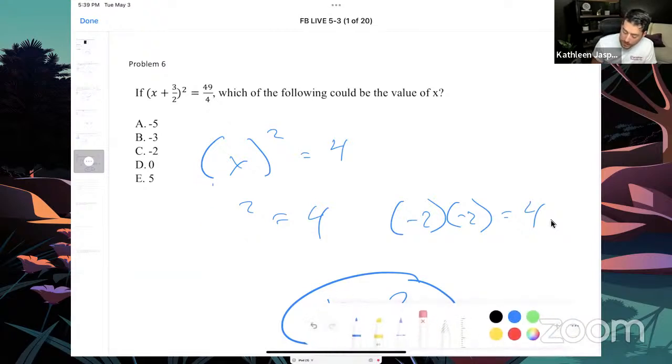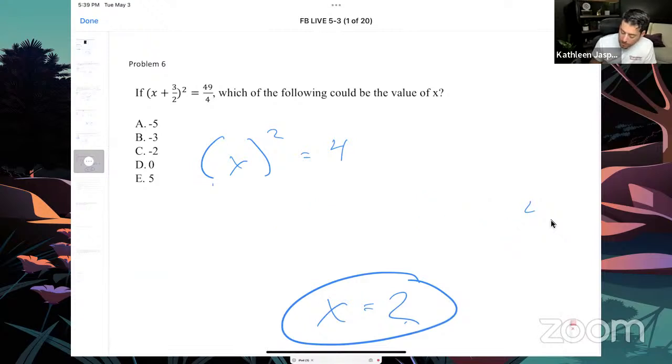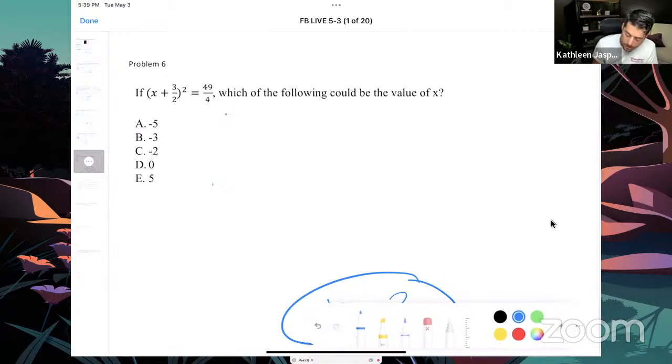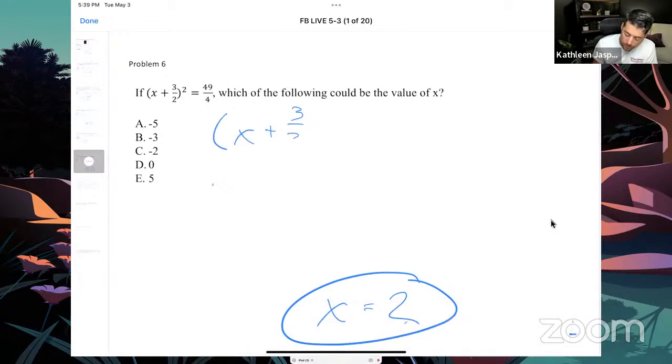So let's figure out what our value needs to be in order for us to get this x equal to our 2. The way that I have this here, when I have this value x plus 3 over 2, and I make it with the 2, I'll do 2 plus 3 over 2.